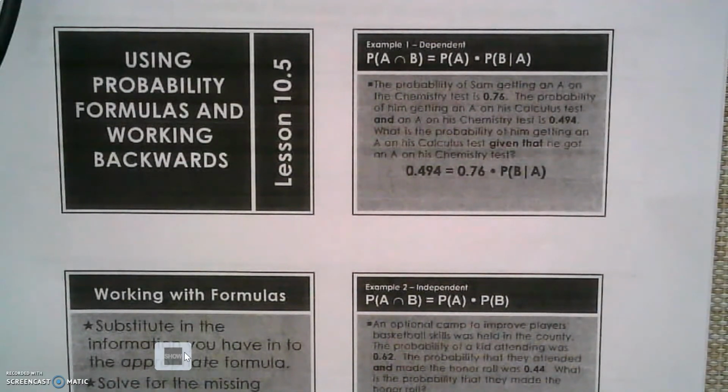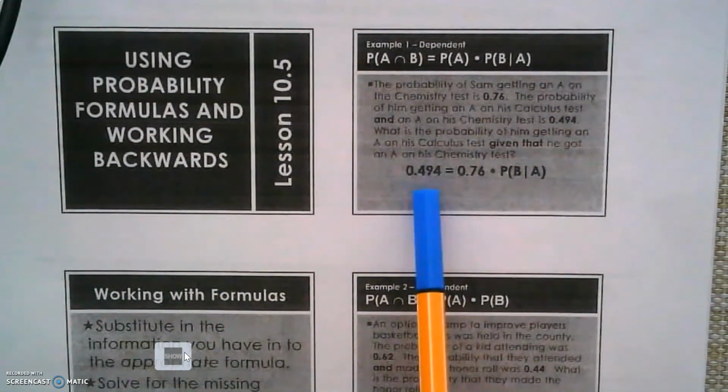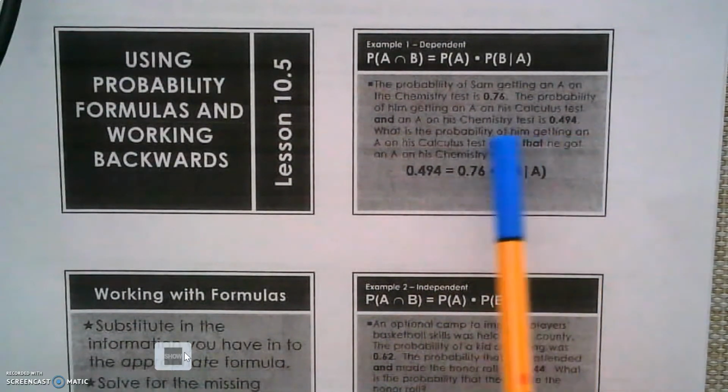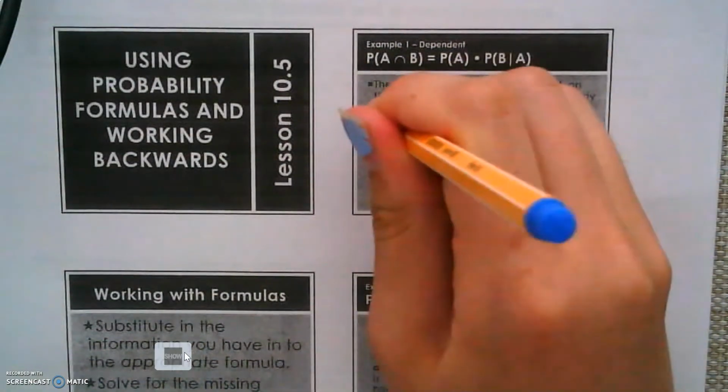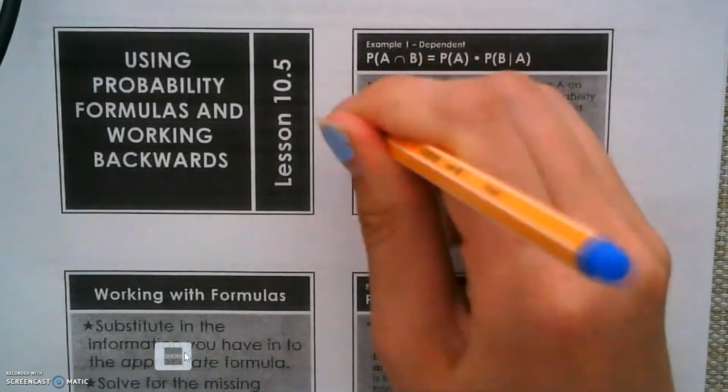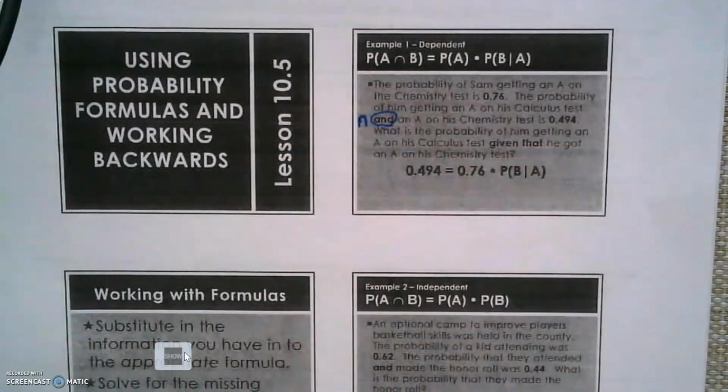What happens here is we substitute the intersection, because we saw the probability of getting an A on calculus and an A in chemistry. So remember, this word "and" is the intersection of. What is the probability of him getting an A on his calculus test given that he got an A on his chemistry test?